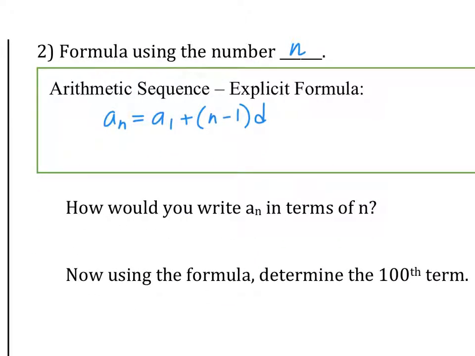So in the question before, 1, 3, 5, 7, 9, and so on, how would you write the explicit formula? What's A1? Now that you guys have the candy, you have to answer questions. 1, very good. 1 plus n minus 1, and what's d?